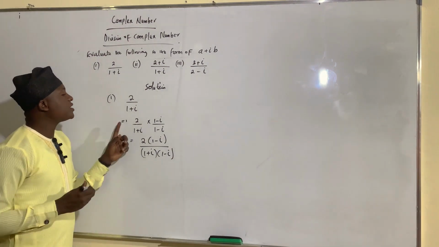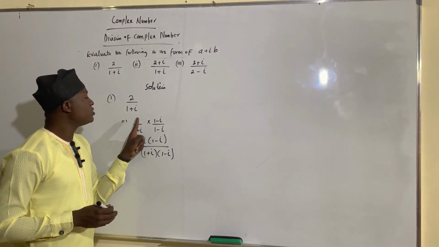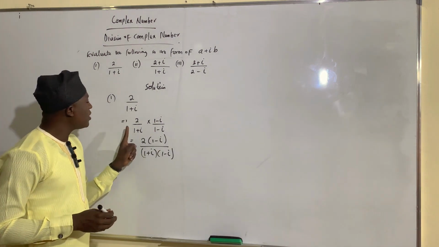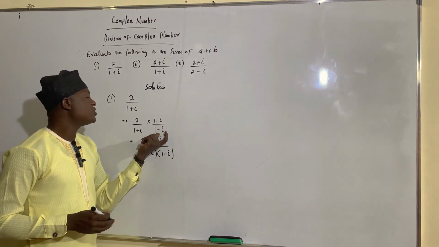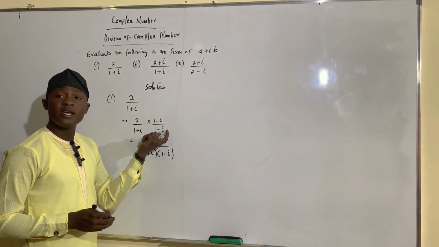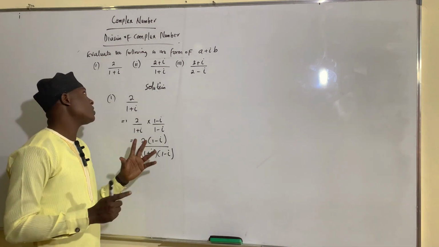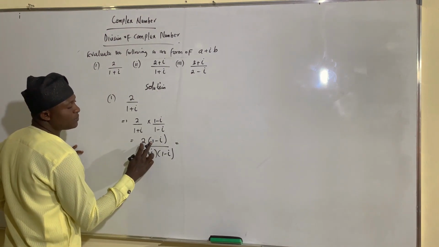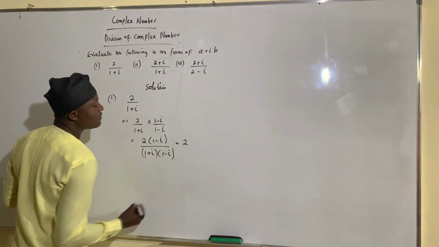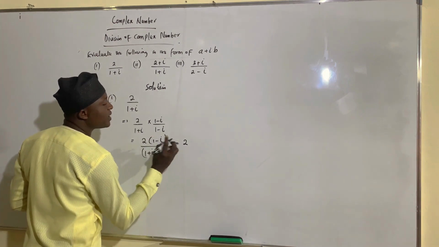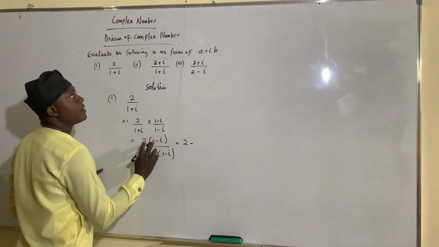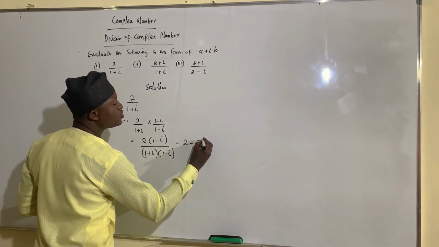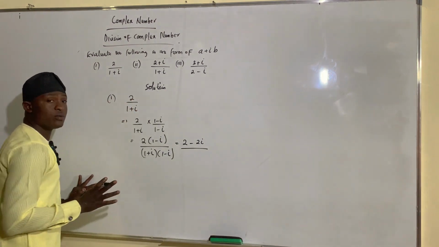You can see what we are trying to do: I multiply 2 by 1 minus i, and I multiply 1 plus i together with 1 minus i. That's why we call it division of complex numbers. So let me open the bracket: 2 multiplied by 1 is 2, and minus 2 multiplied by i gives 2i.